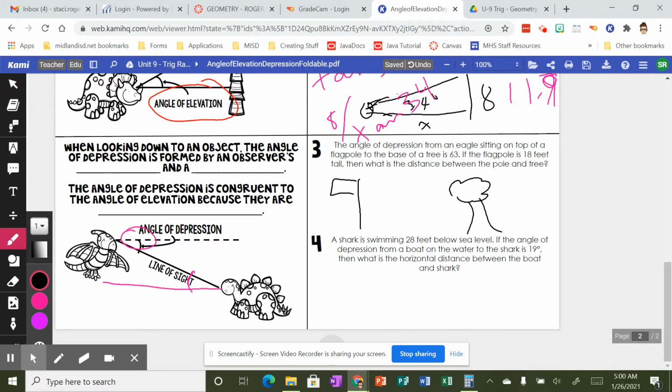Here's the line of sight, and the angle of depression goes right here, and it's 63 degrees. We could do a triangle like that, couldn't we? Sure.